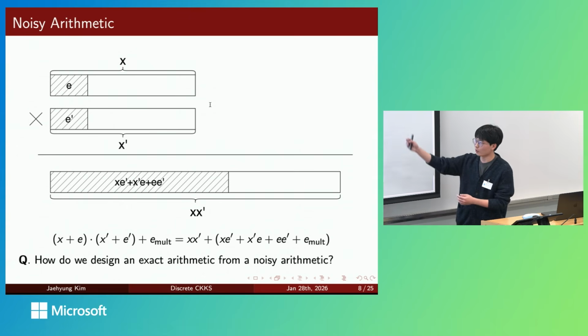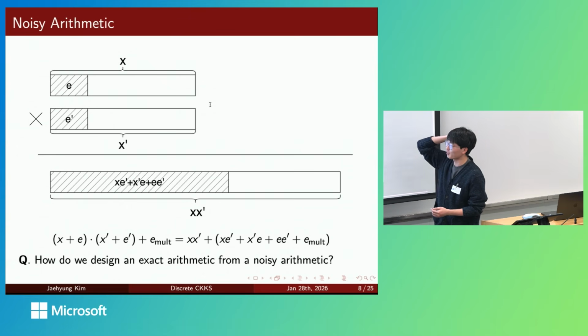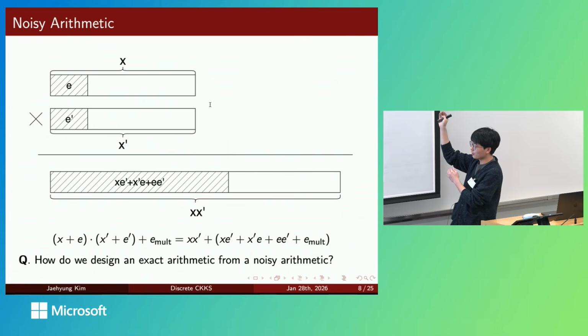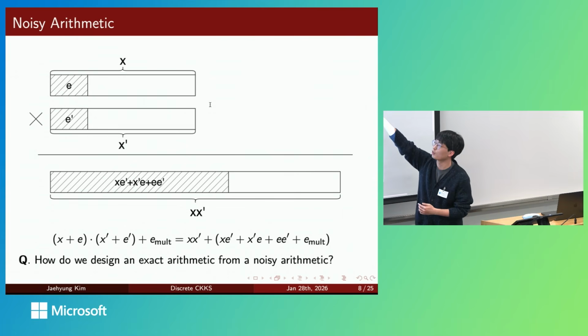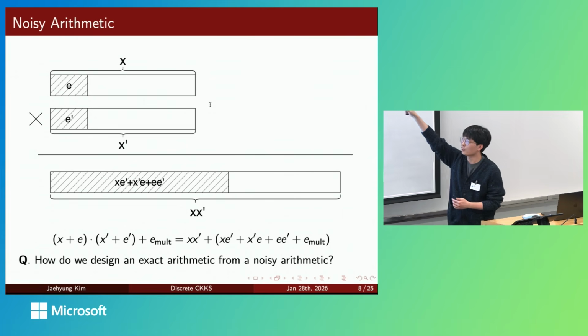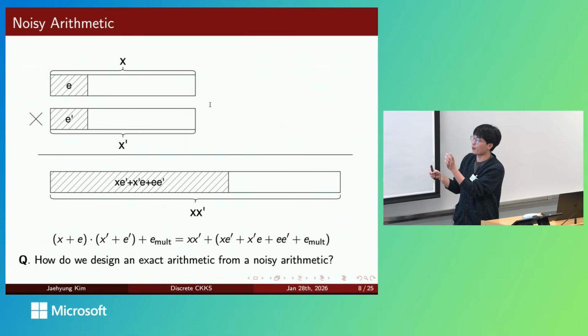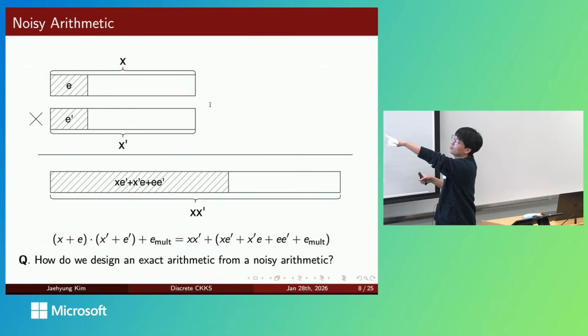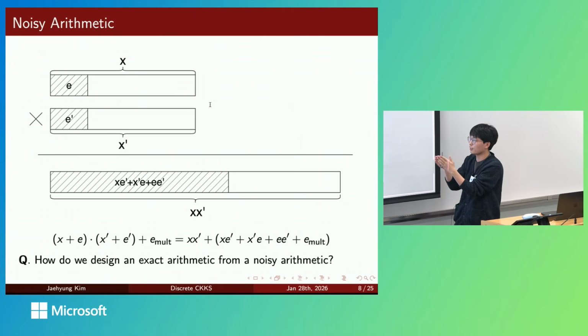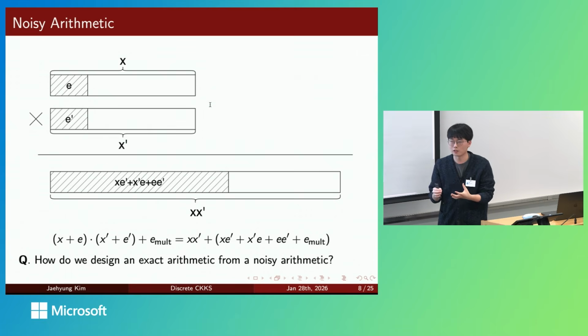I'm going to use a kind of non-standard notation of putting least significant bits on the left and most significant bits on the right. These bars will denote integers, and I will place an error E inside these long bars to indicate where the message or errors are located.